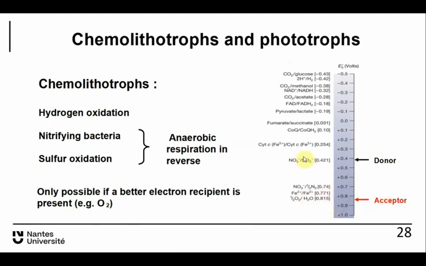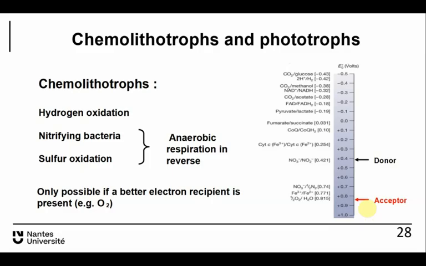So this reaction, oxidizing nitrite to nitrate, can be used to generate metabolic energy if molecular oxygen is present. I hope that's kind of how it's working. So there's some kind of favorable redox reaction.